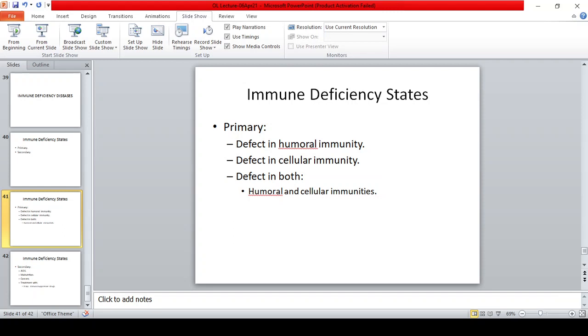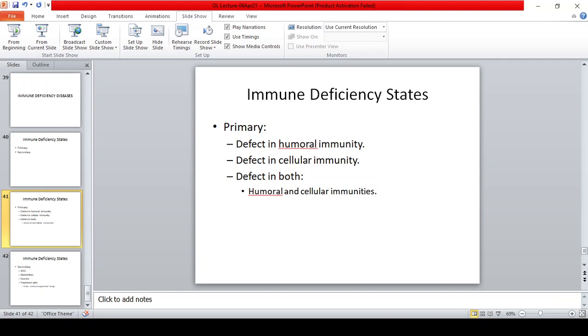In individuals in which there is defect in humoral immunity, basically bacterial infections are present. And in persons where there is defect in cellular immunity, mainly viral and fungal infections are present, because there are no antibodies or activated T cells to combat these infections.